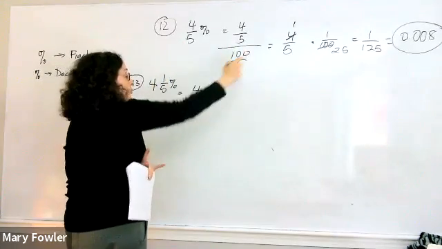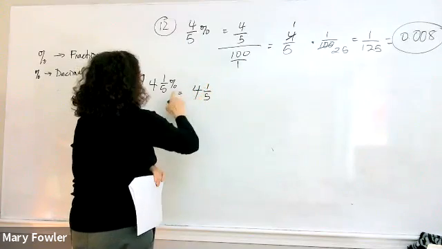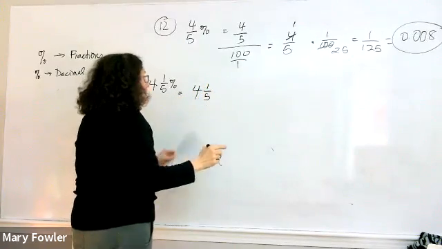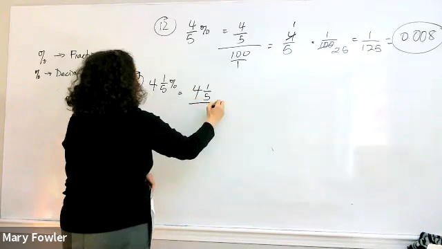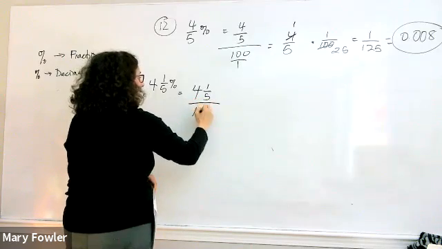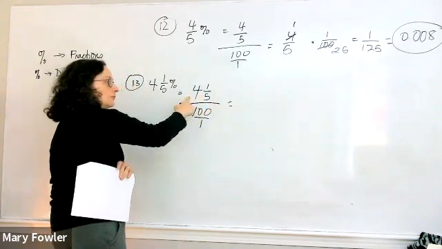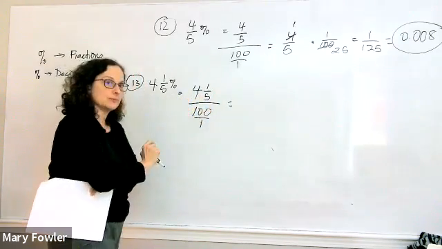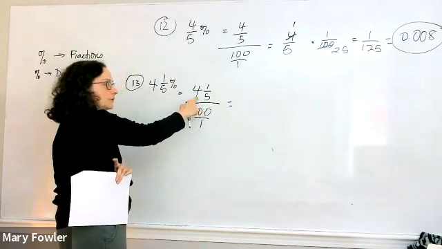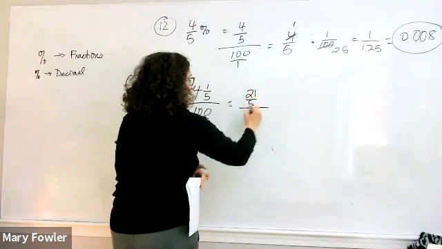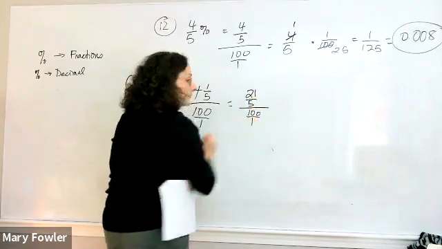But everything we do, we're going to do the same. 4 1/5 divided by 100 over 1. We're going to convert the numerator into an improper fraction. 5 times 4 is 20, plus 1 is 21 over 5. And we're going to divide that by 100 over 1.